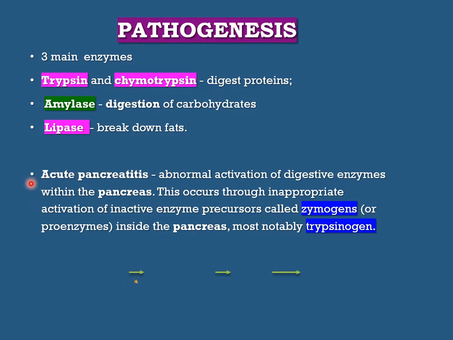This inappropriate activation of these proenzymes inside the pancreas, notably trypsinogen, leads to massive autodigestion of the pancreas. Various noxious stimuli activate the proenzyme trypsinogen to active trypsin, and this active trypsin proceeds with the massive autodigestion of the pancreas.